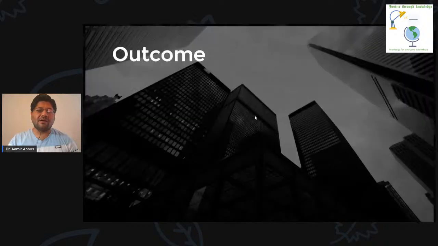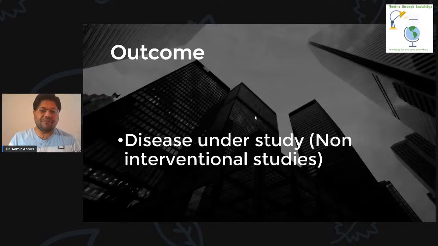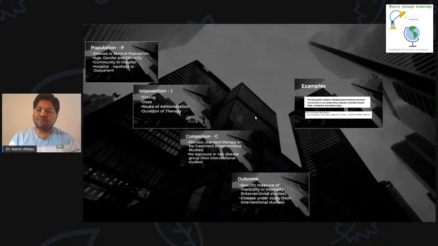And the last O in the PICO criteria stands for outcome. In the case of the interventional studies, we may be interested in specific measures of morbidity or mortality. And in the case of non-interventional studies, the disease under study is the outcome in the PICO criteria. It may be a bit confusing, so I'm going to talk about this in a few examples.